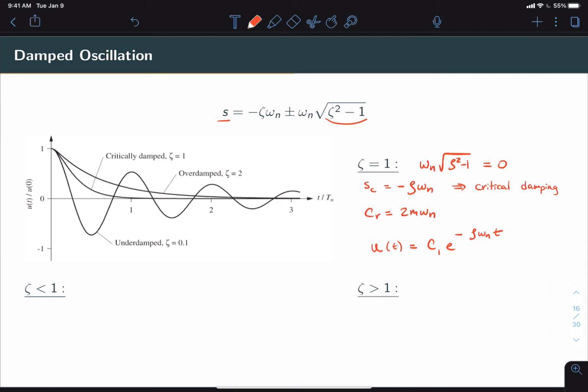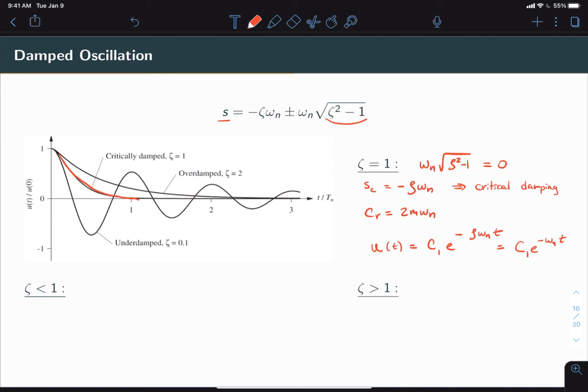Since zeta is 1, it simplifies to the following. What this means in practice is that we get an exponential decay, as you see here in the plot. And in fact, the exponential decay for the critically damped case is going to be our fastest exponential decay without oscillations.